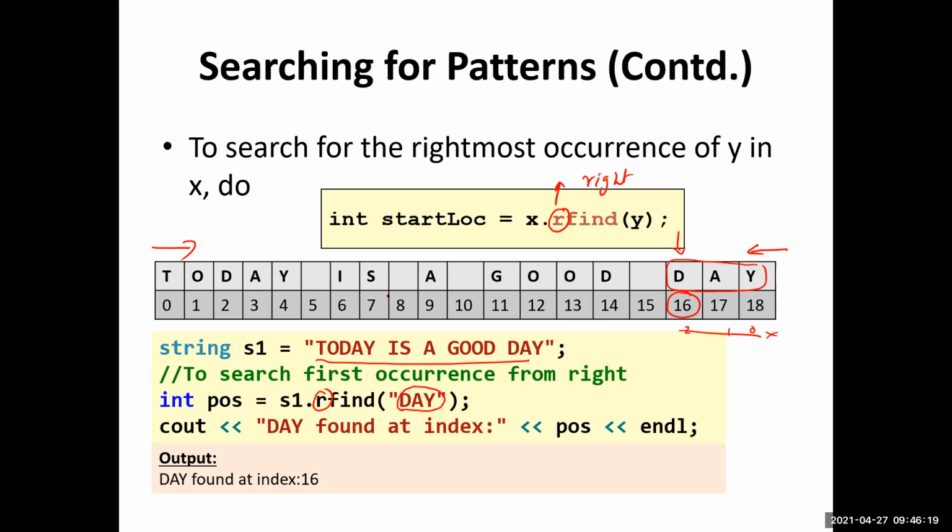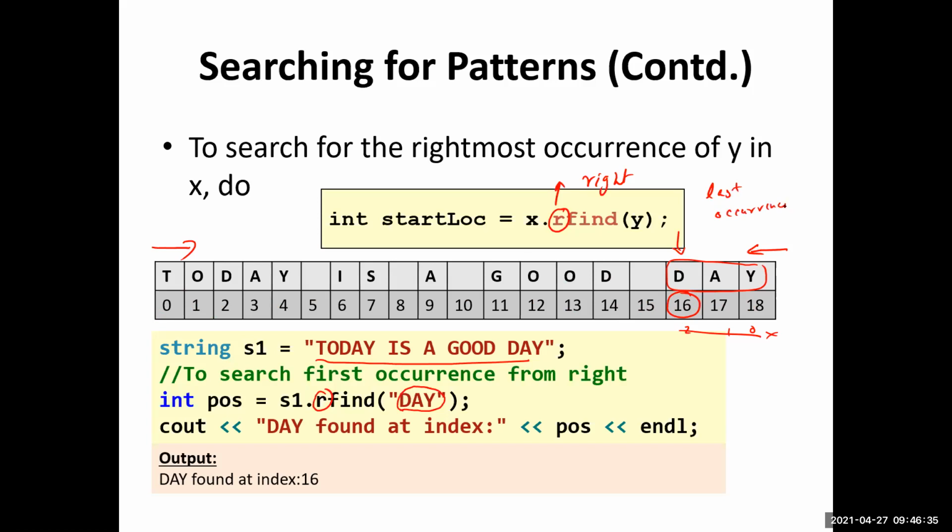So don't think that if you are searching from the right, you count 0, 1, 2. This is fixed. The first character is 0, and the last character is whatever the end of the string is. So when you say rfind, you are actually searching for the last occurrence.